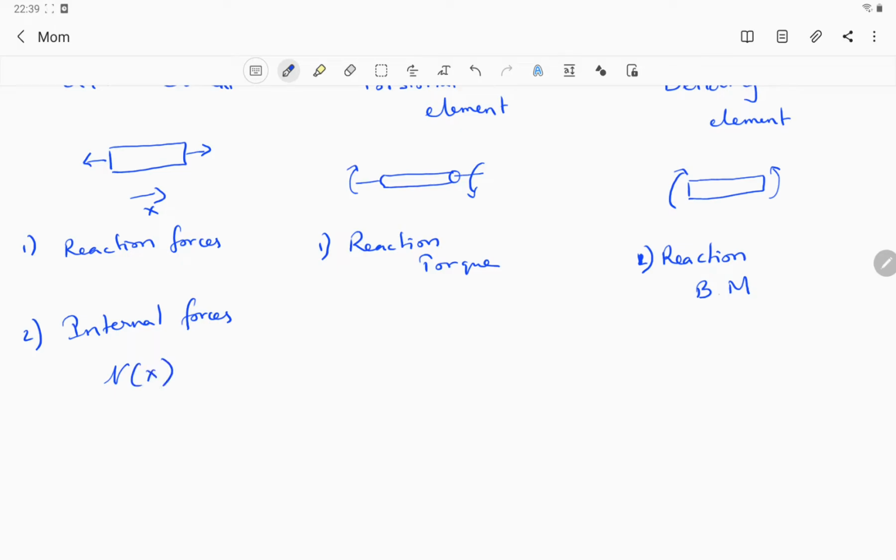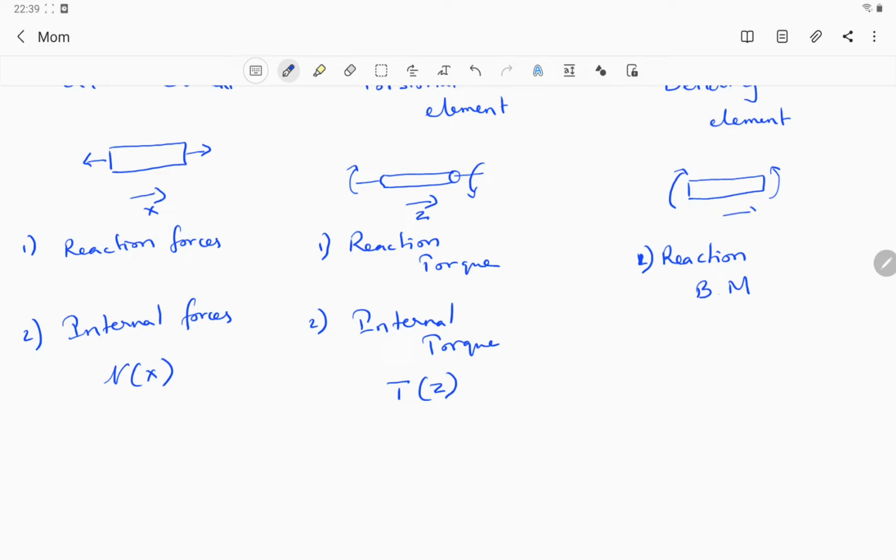Similarly here in torsional element we will calculate internal torque, which we are going to denote as T, and here we are going to consider this as Z. So T is going to be a function of Z. Okay, and what about bending moment?